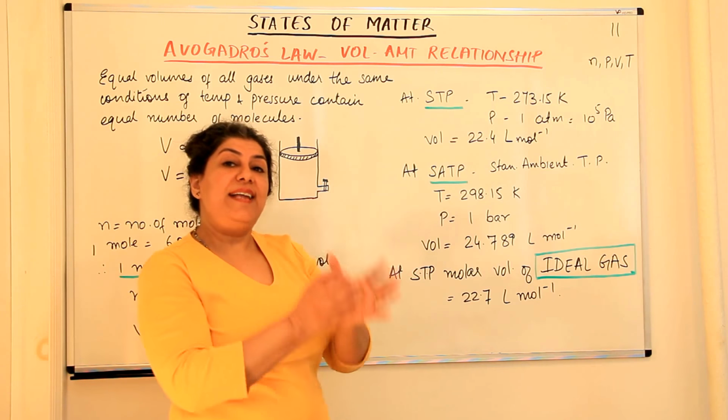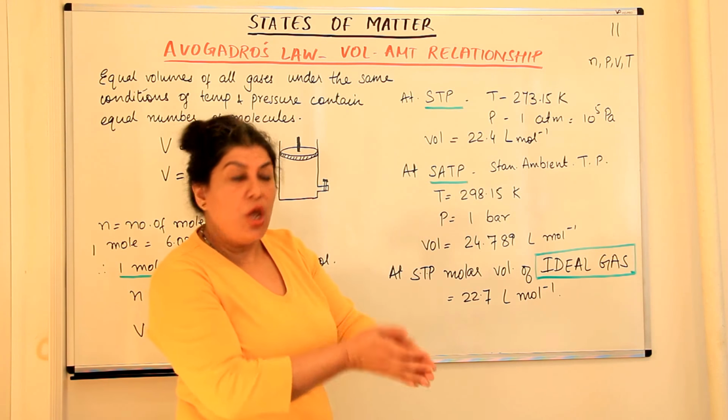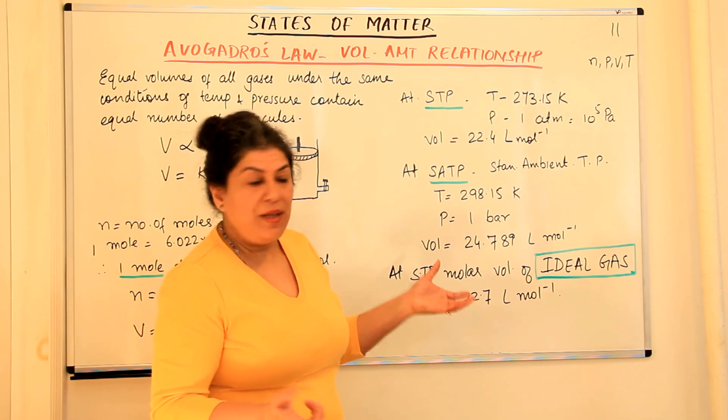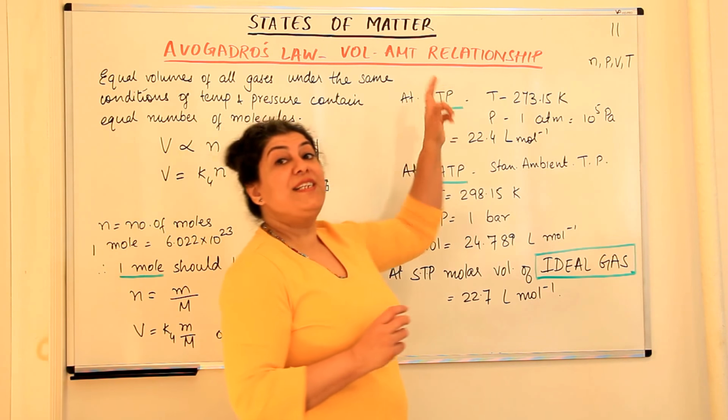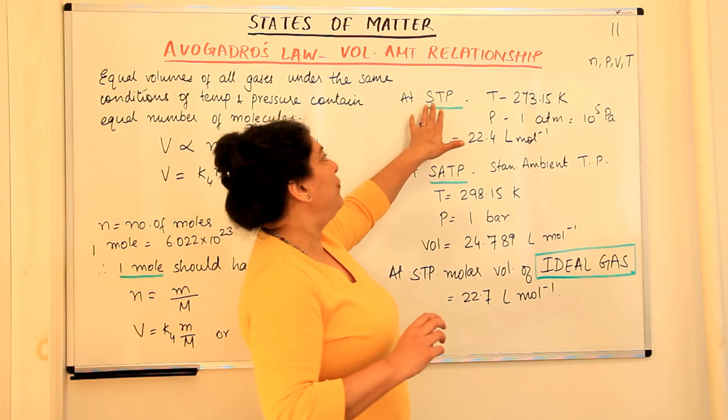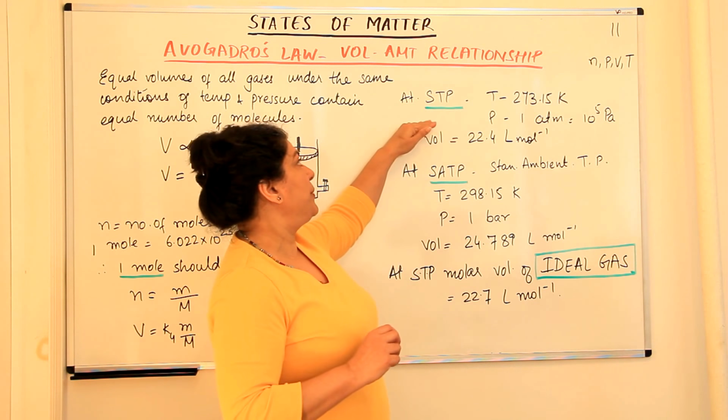So under standard temperature and pressure conditions, what would the volume of 1 mole of any gas be? First of all, we should know what standard temperature and pressure is.